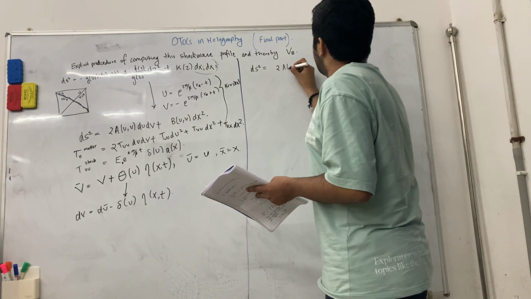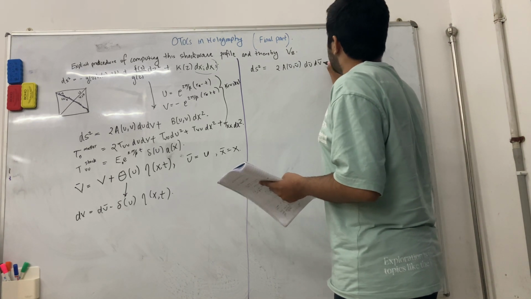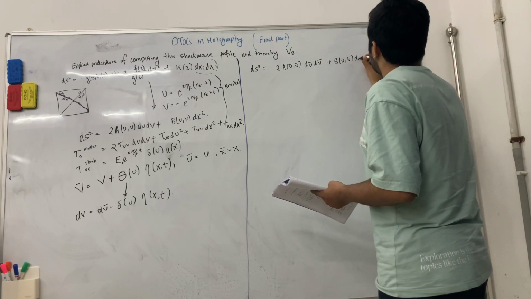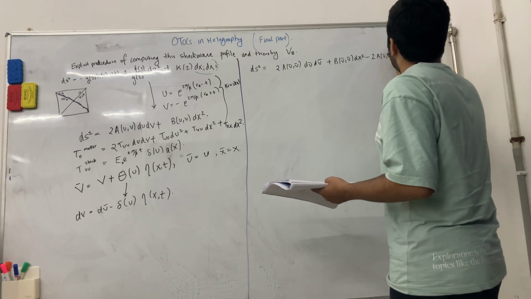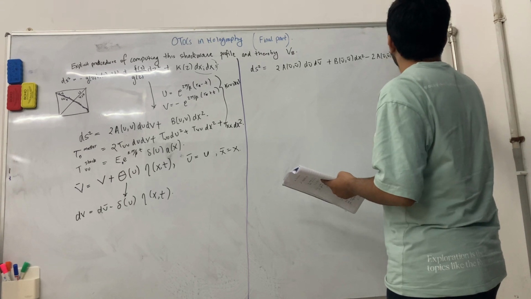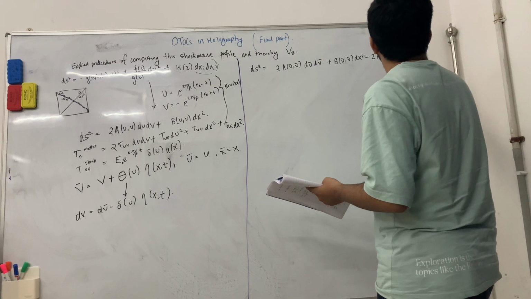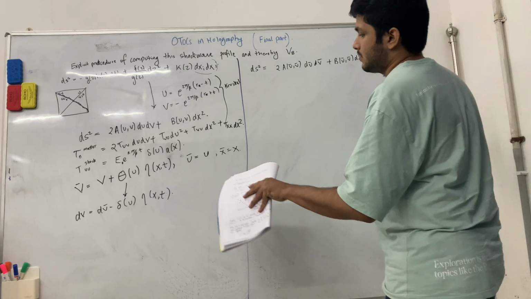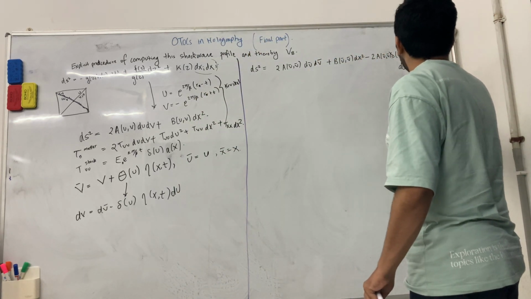This becomes 2A(U bar, V bar) dU bar dV bar, plus h(U bar, V bar) dx squared, minus 2A(U bar, V bar) delta(U bar) times this function f(x) dU bar squared.